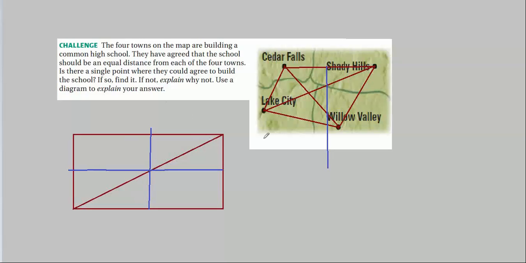Doesn't help us much over here, does it? We don't have a rectangle. We don't have a triangle because we got 4 points. Is there a point? For instance, I drew these two cross here. Is that? No, that's not it.